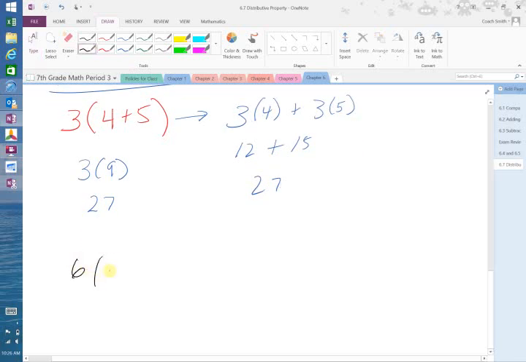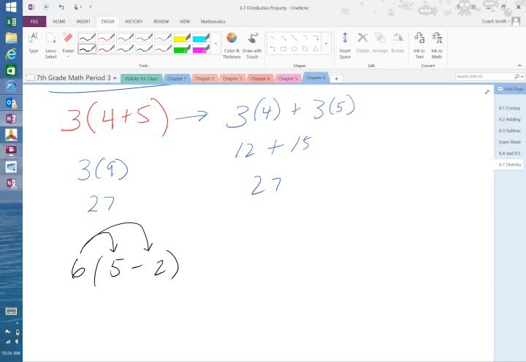Let me do another one. We'll do a subtraction one because it applies to subtraction and addition. What you're doing is you're distributing the 6 to everything inside the parentheses. Okay?